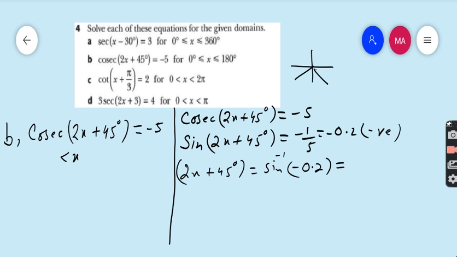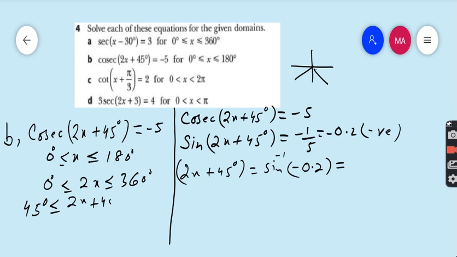So x is given from 0 to 180. So 2 into 0 is 0, and 180 into 2 is 360. 0 plus 45 is 45, 2x plus 45, and 360 plus 45 is 405.